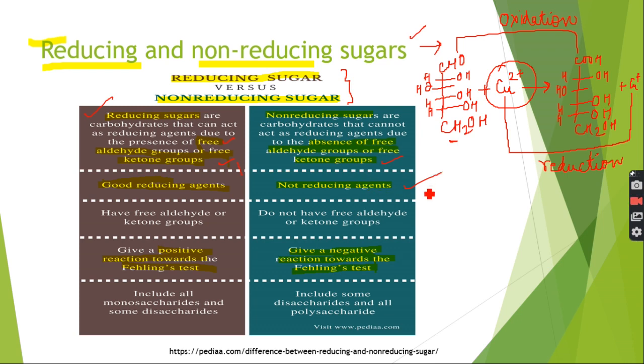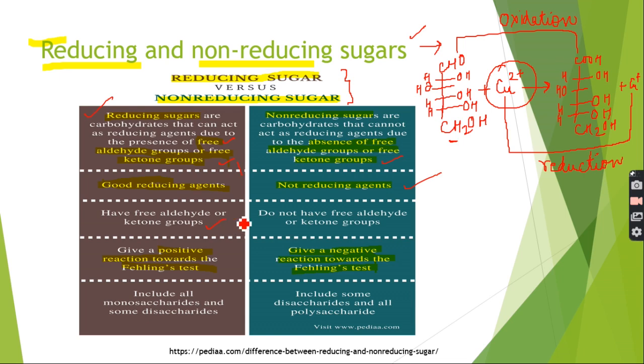So we will talk about these tests just after a while. But as of now, for your understanding, the sugars which are able to cause reduction are good reducing agents, and the other ones are non-reducing agents, and therefore the terms reducing sugar and non-reducing sugar.